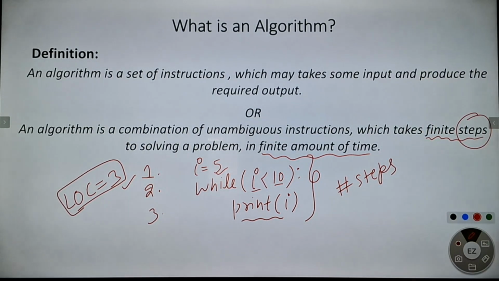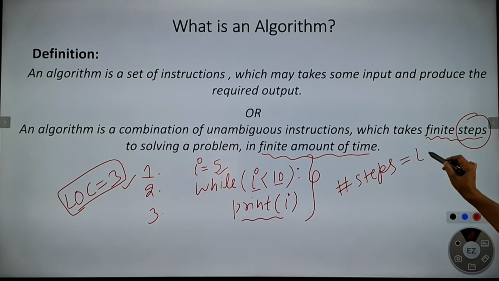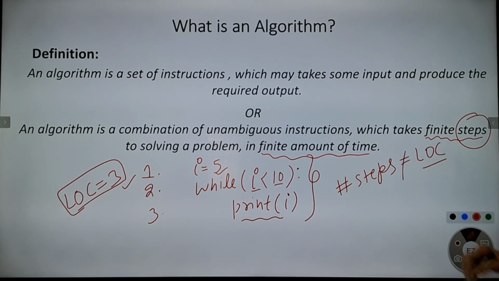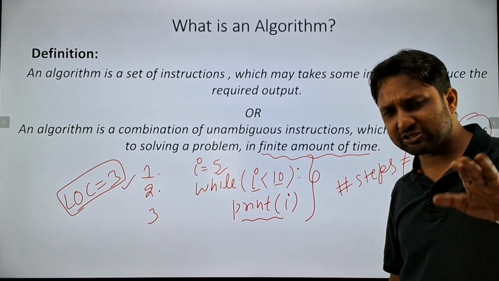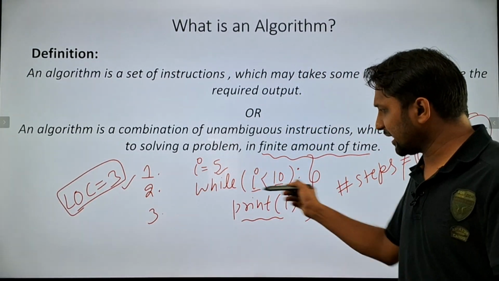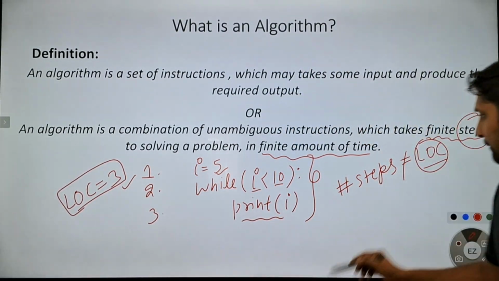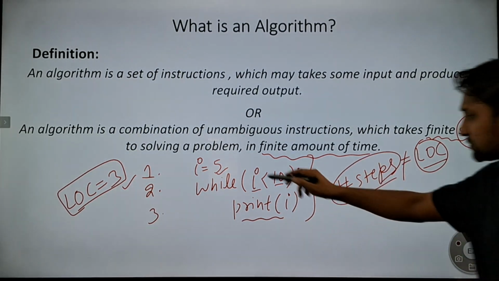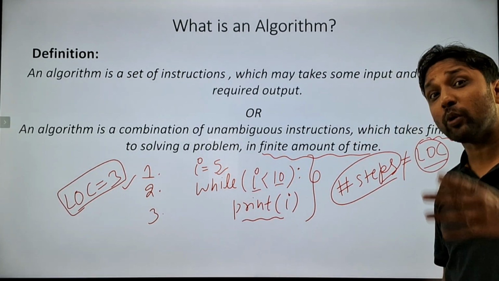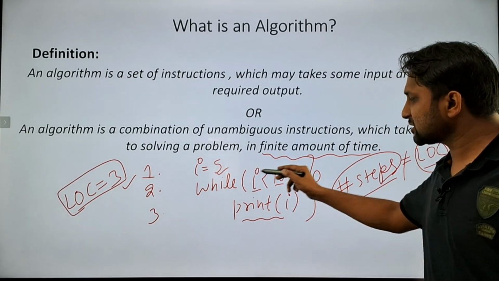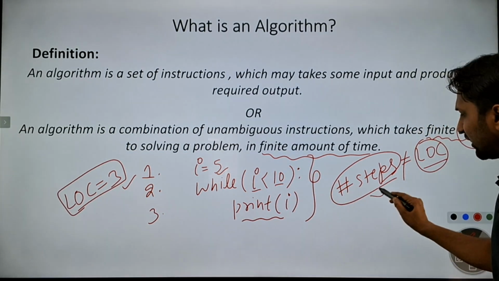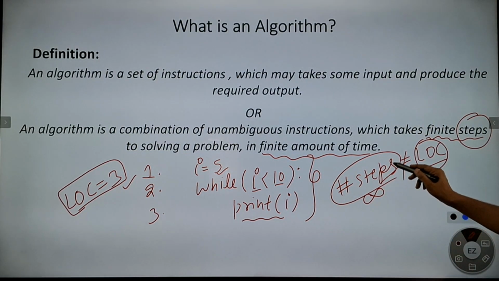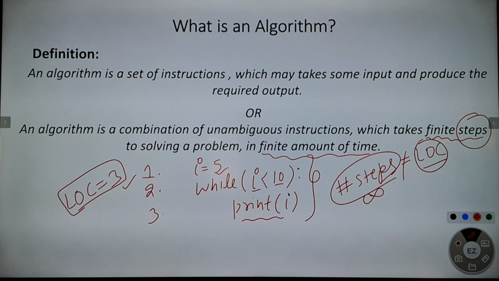Note one thing: number of steps is not equal to line of code. Both are different things. Line of code just shows how many instructions we have inside the code, but number of steps is how many steps these instructions take to execute, and this loop will keep executing infinite times.